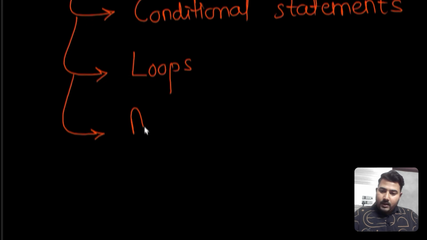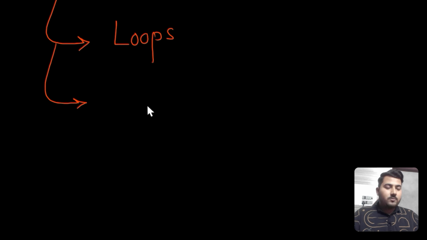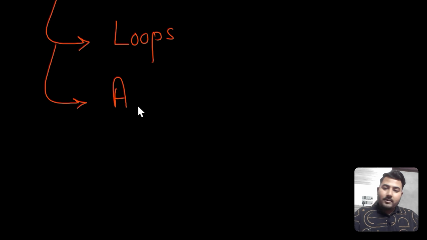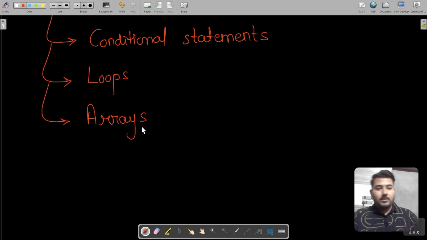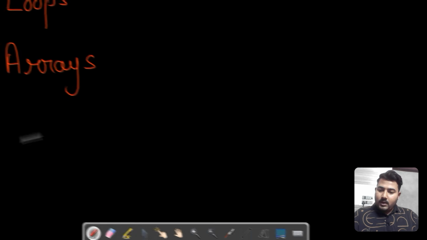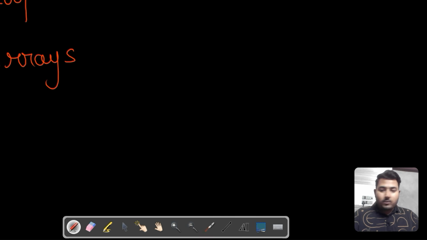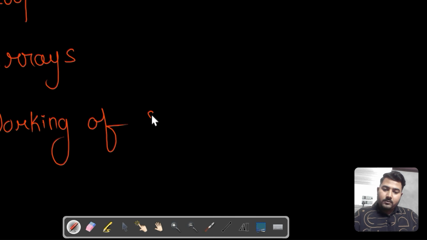Okay. Then we have the most famous and most widely used data structure of the entire industry, which is called arrays. That is the most famous and the very first data structure that anyone would ever learn. And finally, one another important part of our entire course is working with strings.